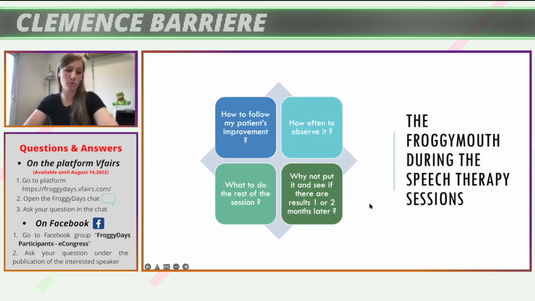So this is what I showed a while ago, and it is really important to keep the device for a little time, because the parents have questions. Why is my child behaving like this?